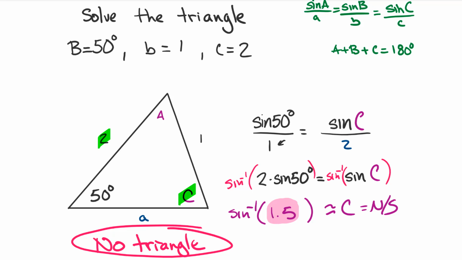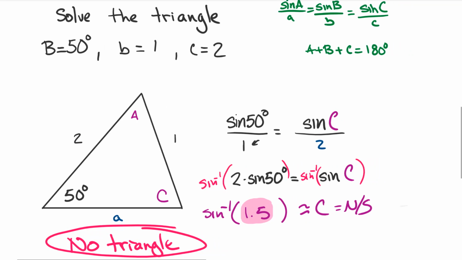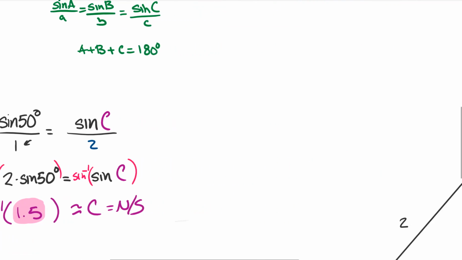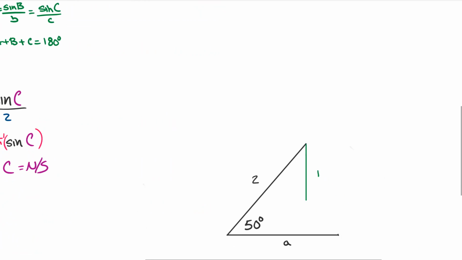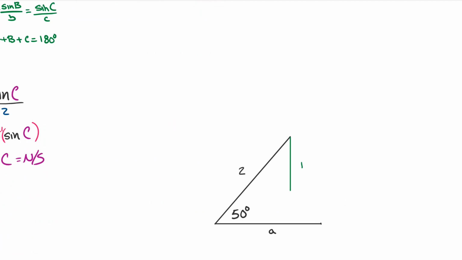I just drew the triangle in, assuming it was a triangle. But this is truly closer to what the proportions would look like. If this length is 2, and there's a 50-degree angle, 1 is just a dangler. It's not long enough to make it back down. We don't know how long A is.